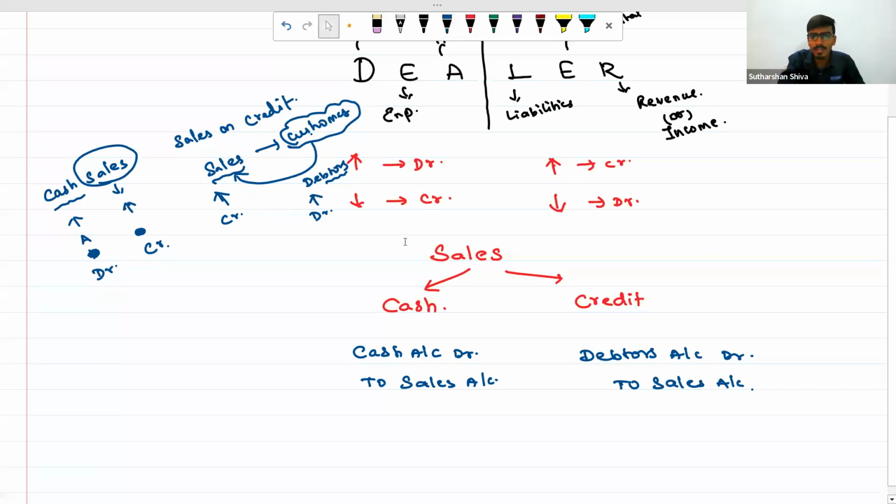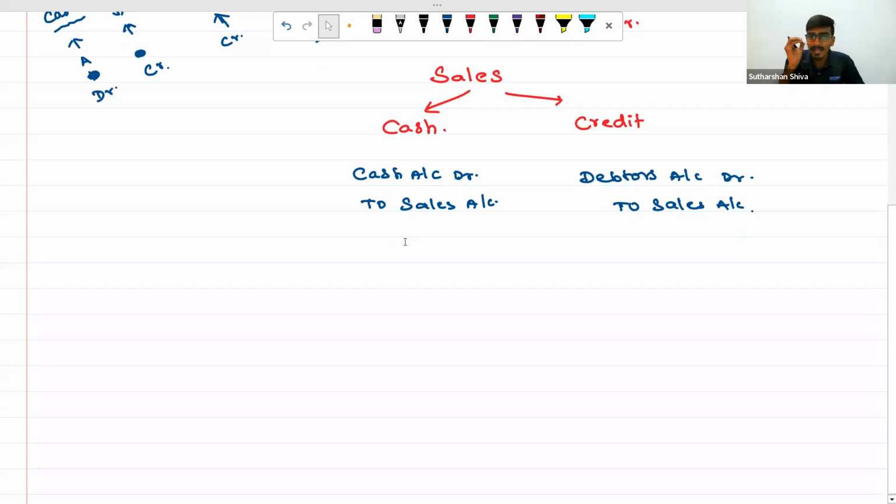Under cash, we don't have further transactions. Under credit, there is a risk of uncertainty whether I may receive my cash or not; instead of cash, I may get some bills. There can be different perspectives. First, on credit sales, we are bifurcating.